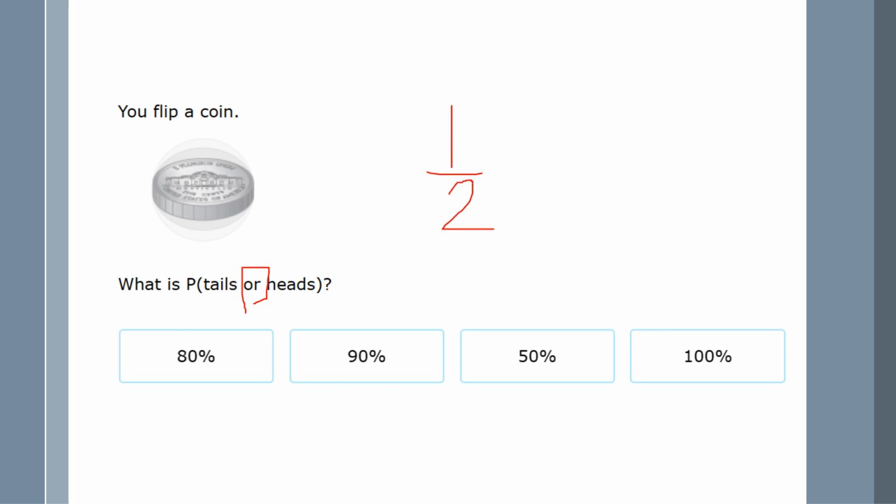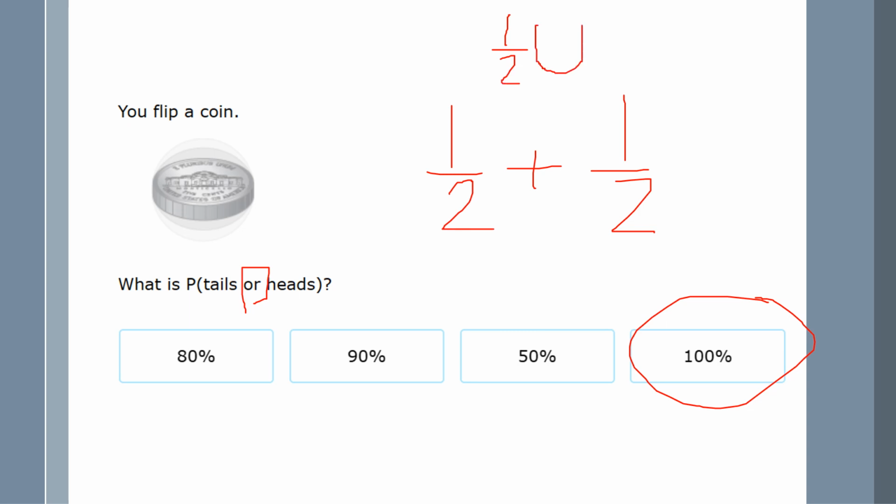The word or, maybe I didn't explain this to y'all. You use plus. Heads is 1/2, so 2/2 makes a whole. When you're using the word or, that represents addition. In statistical terms, we also use or as a union. So union: 1/2 plus 1/2.